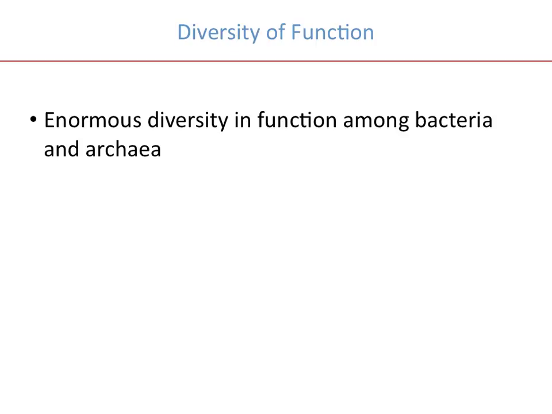We have carbon that we eat, and we use oxygen as our terminal electron acceptor. We breathe it out. So the types of metabolisms that animals do are pretty mundane. But the types of metabolisms that bacteria can perform are spectacularly diverse. It's really interesting when you get down into it what they can do.